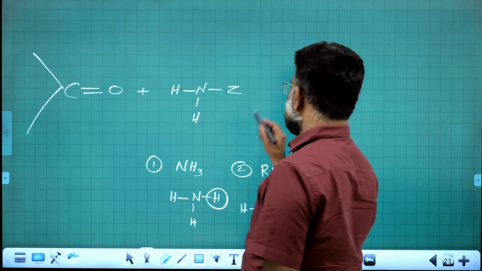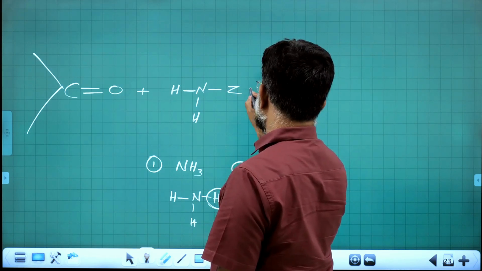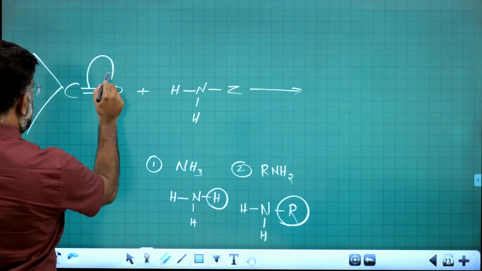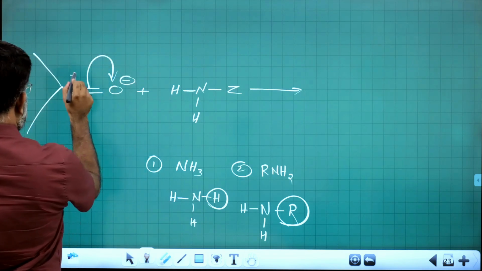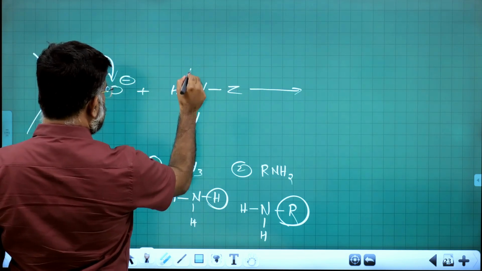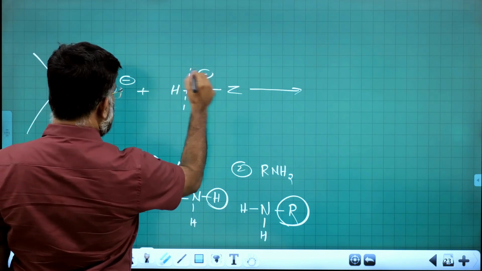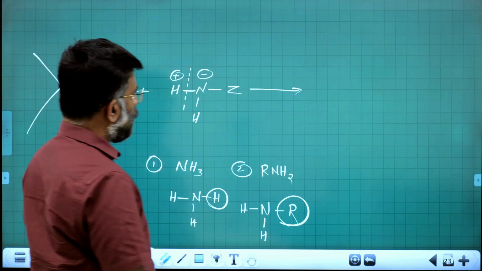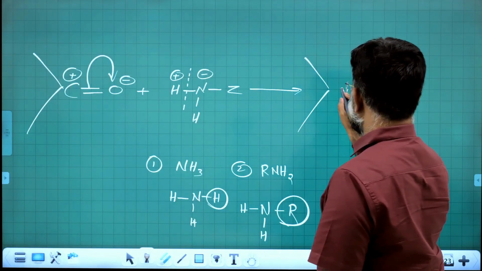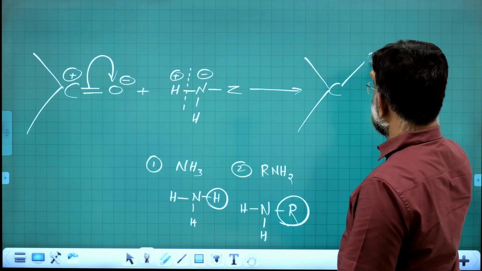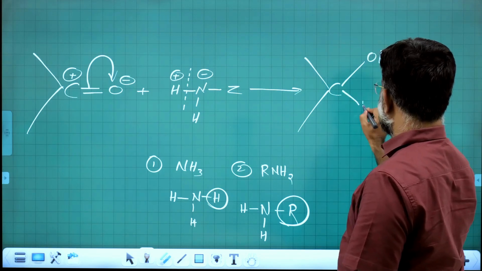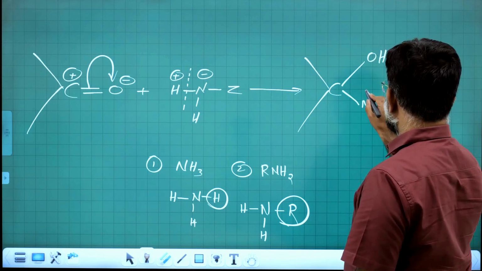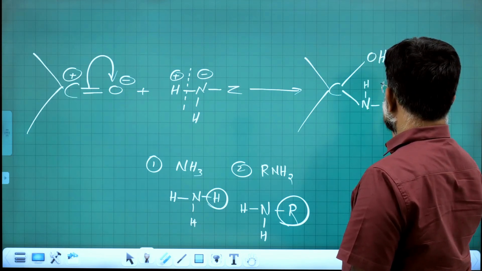This undergoes condensation, an addition reaction first. It undergoes nucleophilic addition. You see what is happening? O minus and C plus is breaking over here, NHZ minus and H plus add, giving C, OH and NHZ like this.